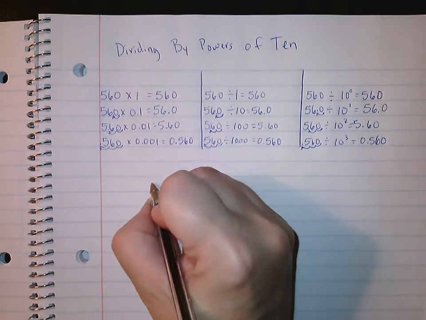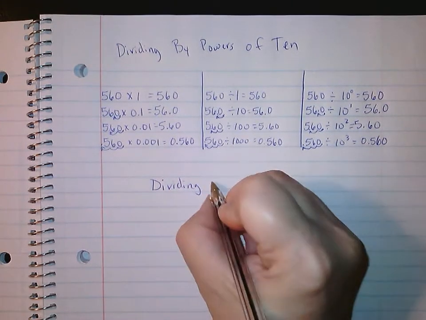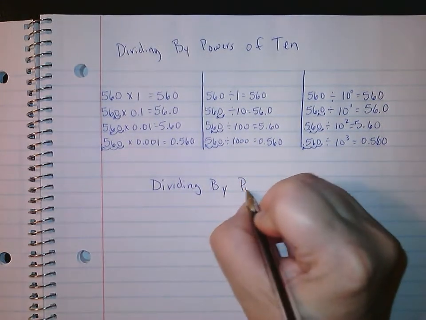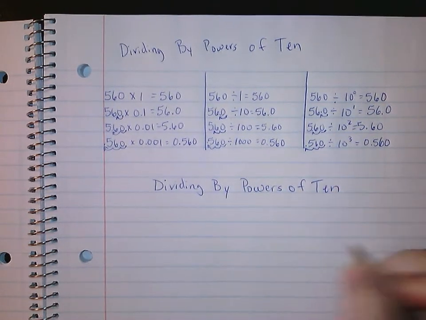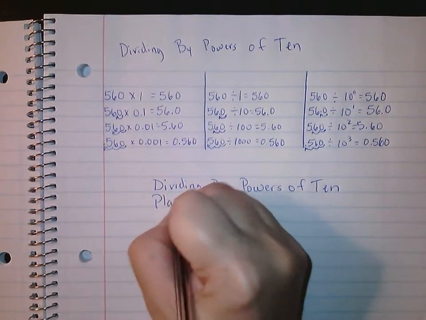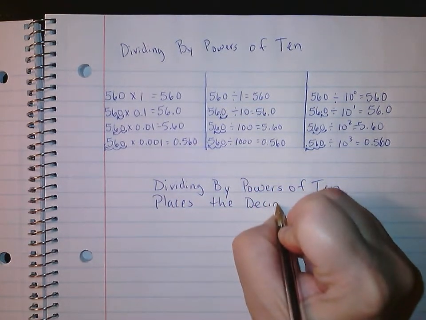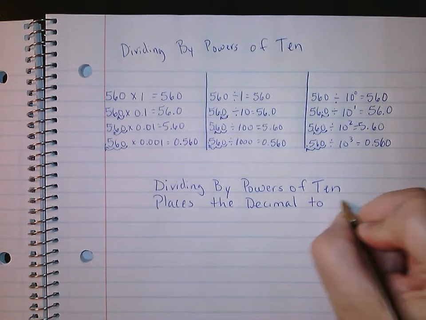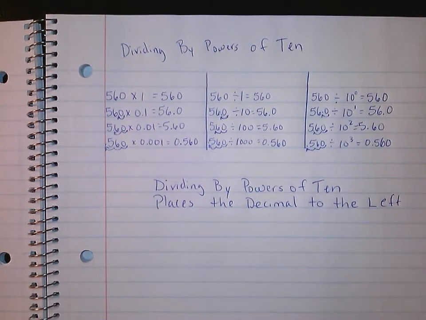So dividing by powers of 10 places the decimal to the left. The number would go to the right, decimal would move to the left.